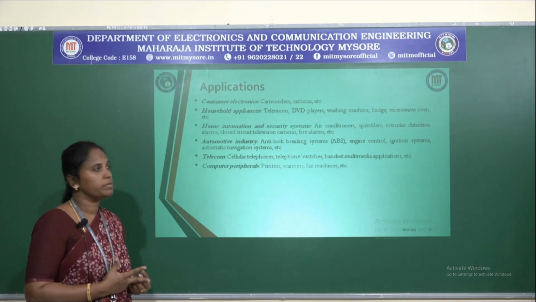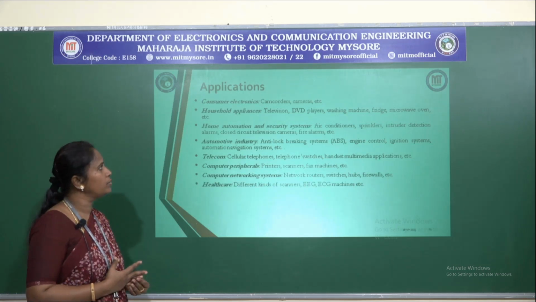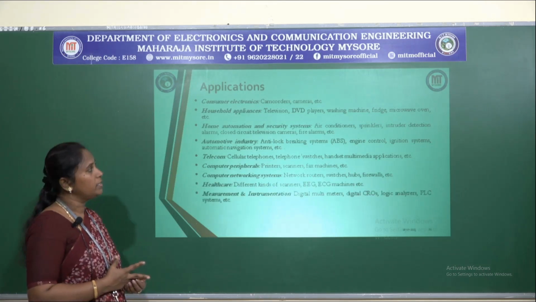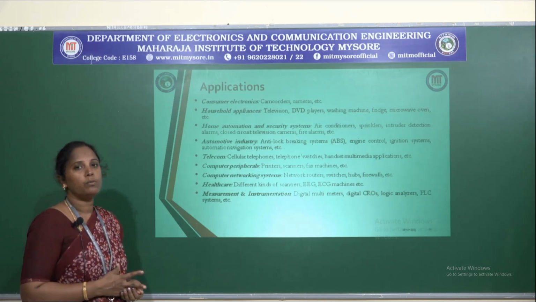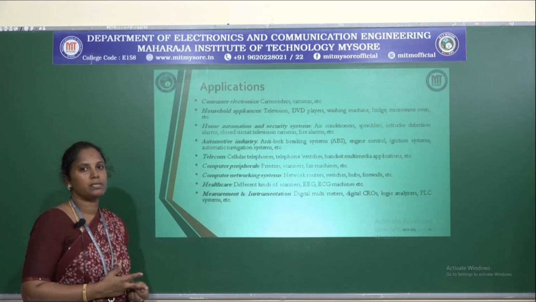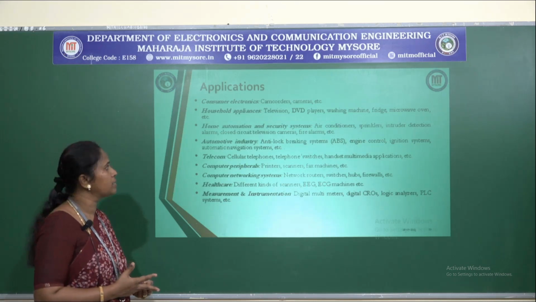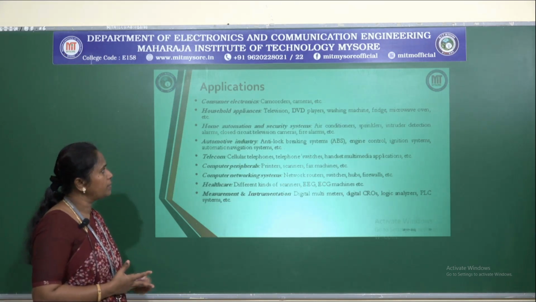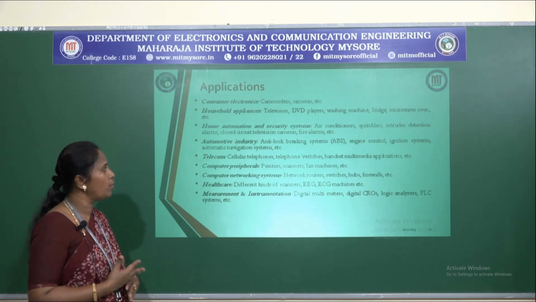Then washing machine, fridge, microwave oven. These are the household appliances we necessarily use in our day-to-day activities. Then home automation and security systems, like your sprinklers and fire alarms. These are examples of home automation, which provides security to your home.